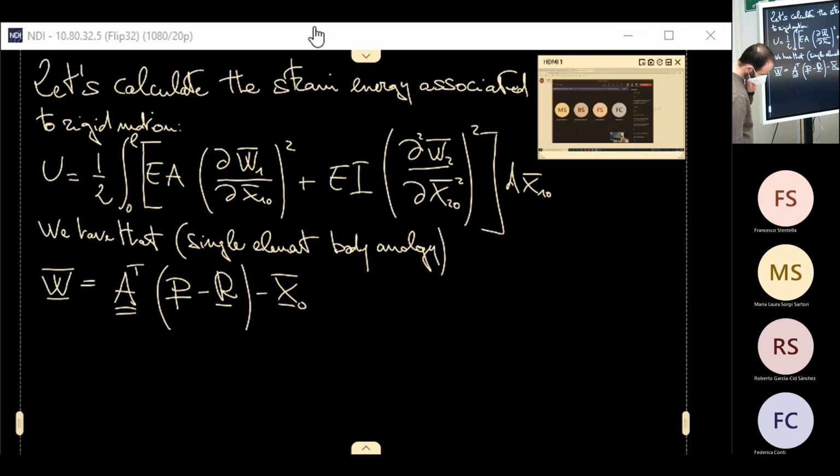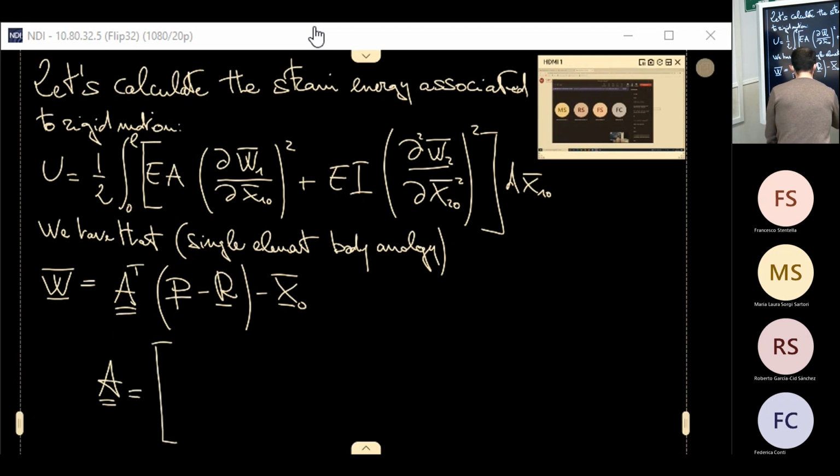Now, remember that here we are considering small deformation. So A, we have seen it before.